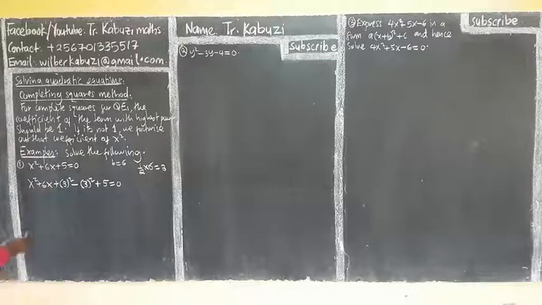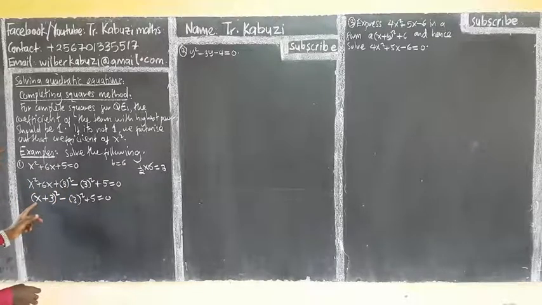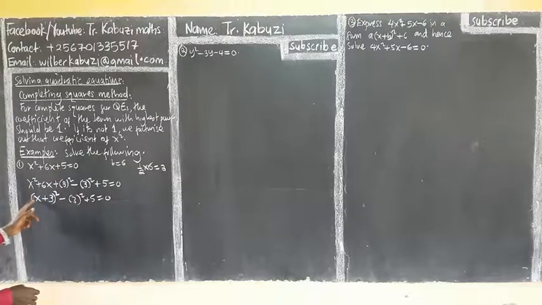Then you write x plus 3 with its sign, and you square it. Here we remain with minus 3 squared plus 5 equals 0. Why is this right? Because if we expand, you get x squared, then 2 times 3 is 6x, then when you square 3 you get 9.